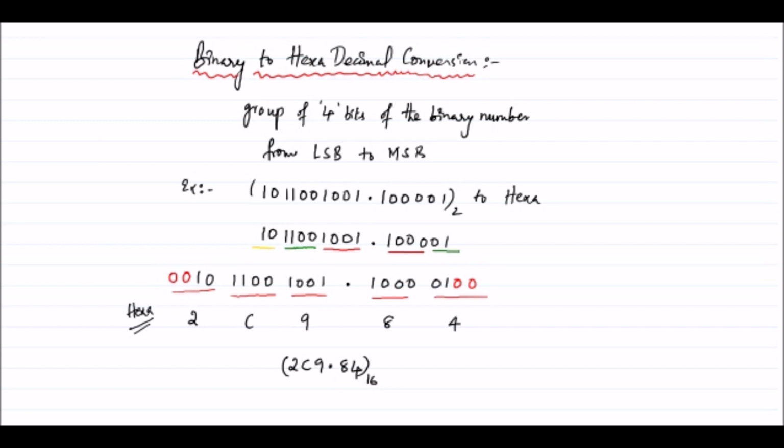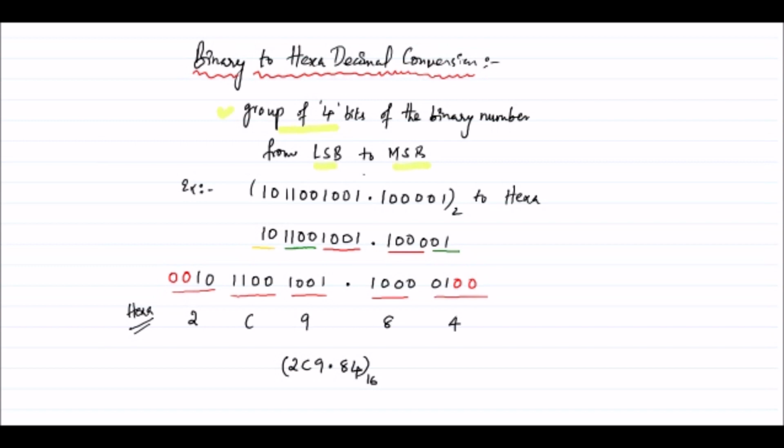Okay, so now we are trying to convert binary to hexadecimal. In the previous one we converted hexadecimal to binary. Now we are trying to convert the binary value to the equivalent hexadecimal number. If I have an example, the simple rule we follow here is we group 4 digits from LSB to MSB.